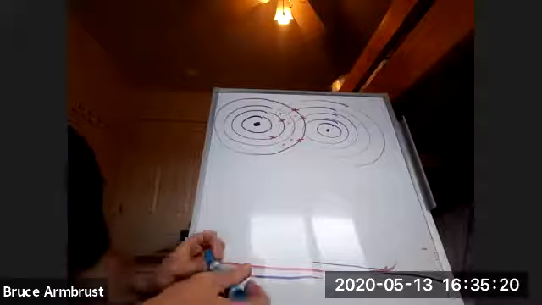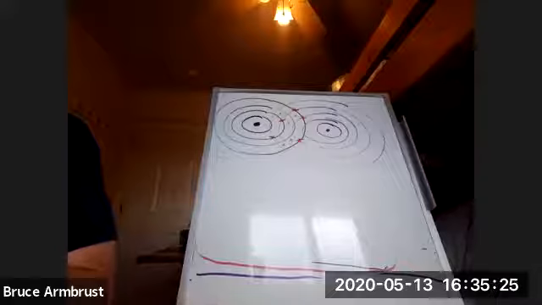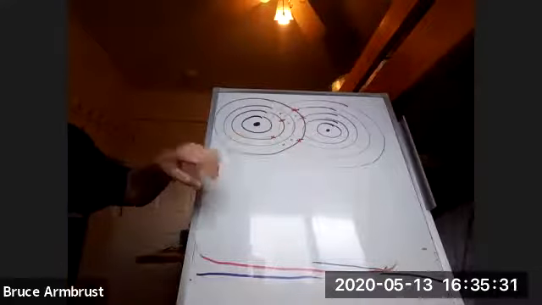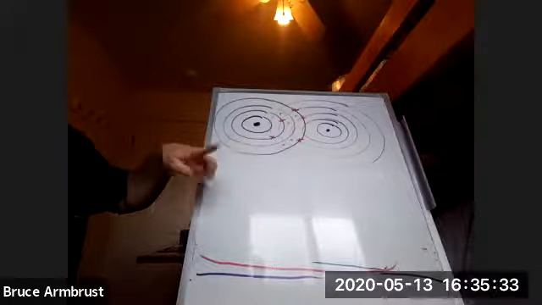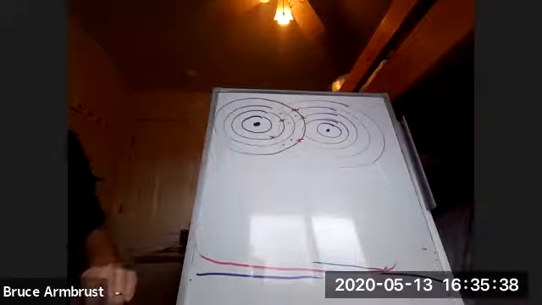Well, now let me put blue where we have destructive. So destructive is going to be where there's a maximum of one with a minimum of the other. On this picture, it's going to be where one of the lines is in between two of the other color lines.